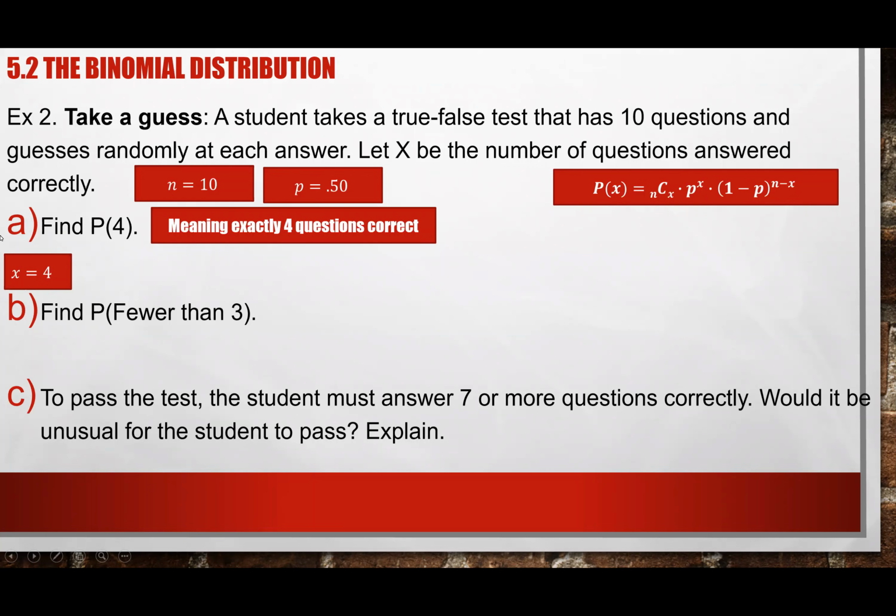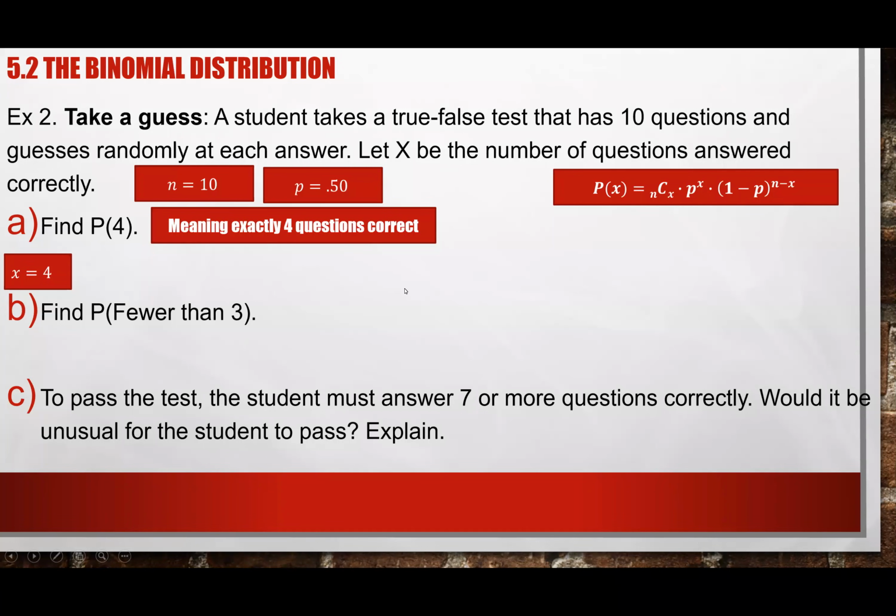You will see the phrase "at least" later on, and I just want to write it this way so that when you see it later, you know what I'm talking about. So we have the 3 items we needed, which are the X, the N, and the P. Now all we need to do is plug into the formula.